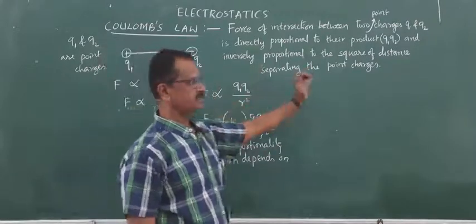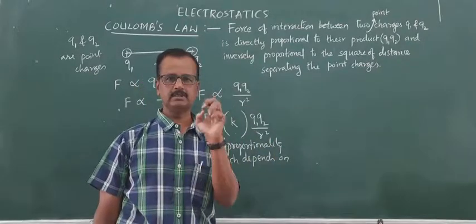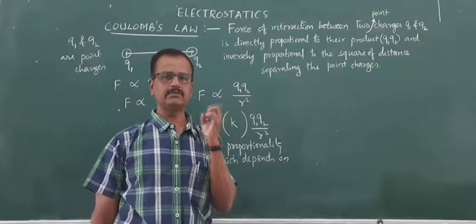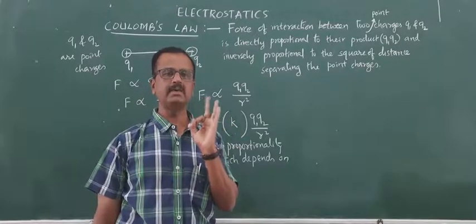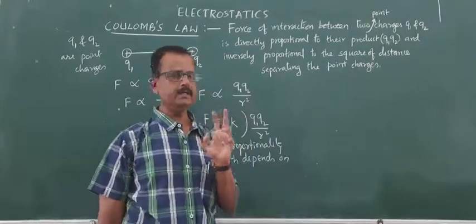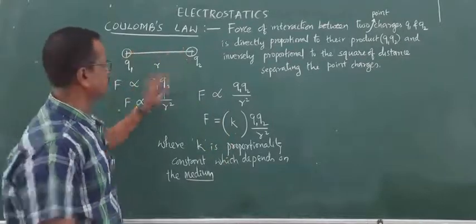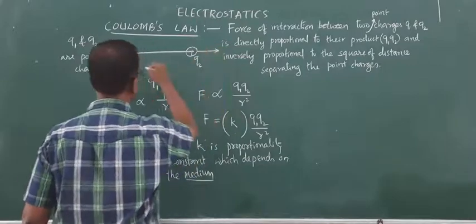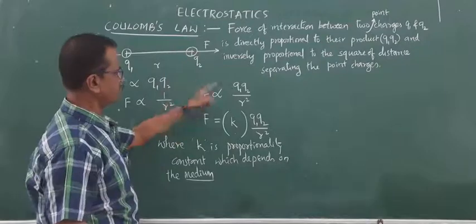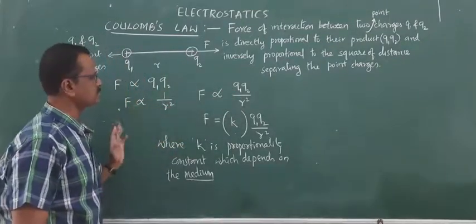Point charges means the dimension of the charged body is neglected, so we consider the entire body consisting of the entire charge as a point charge. When two point charges are separated by distance r, the force of repulsion, in this case, is directly proportional to the product of their charges and inversely proportional to the square of the distance separating those two charges.